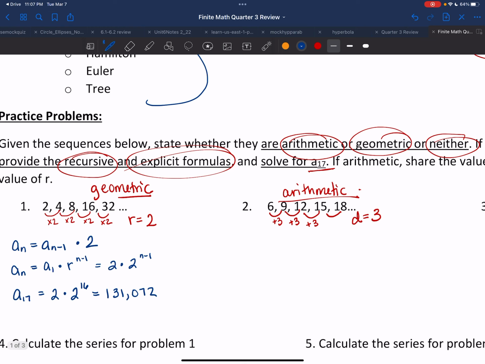For the arithmetic, our recursive formula, we have a_n equals a_(n-1) plus 3. And then our explicit, a_n equals a1 plus d times n minus 1. Actually, let me fill that out: 6 plus 3 times n minus 1. So that's going to be my equation for that one.